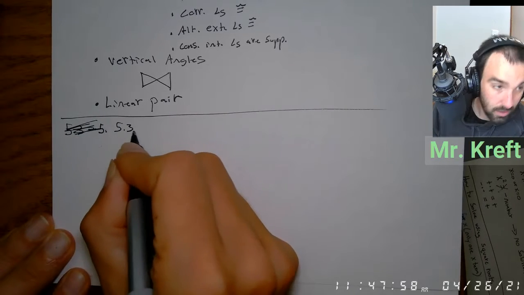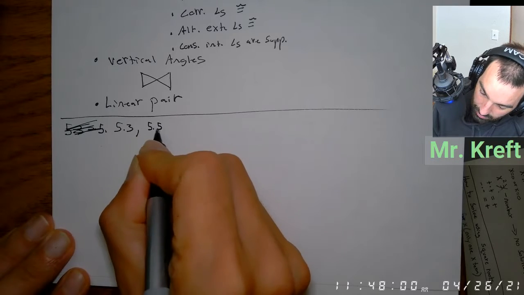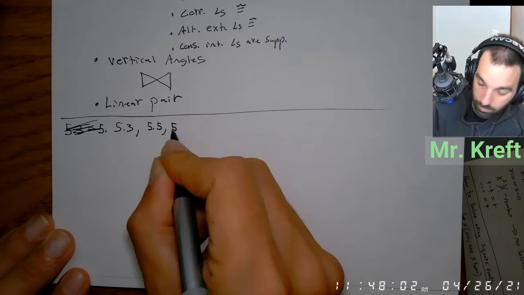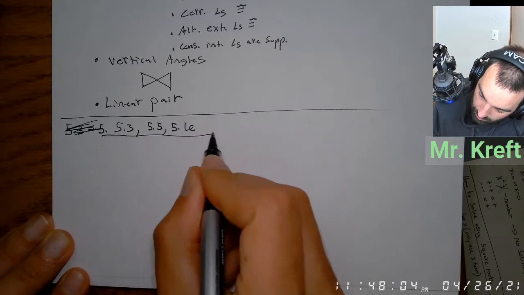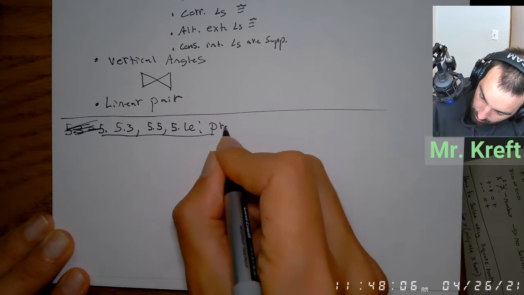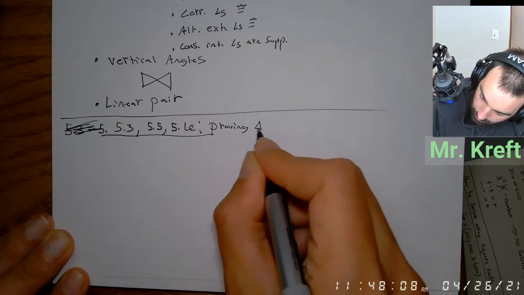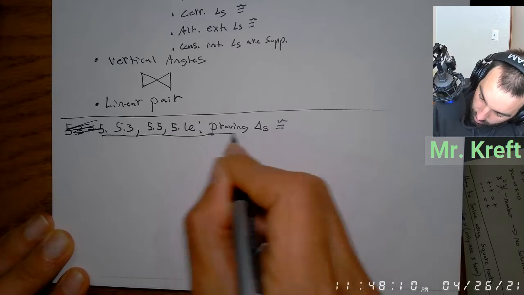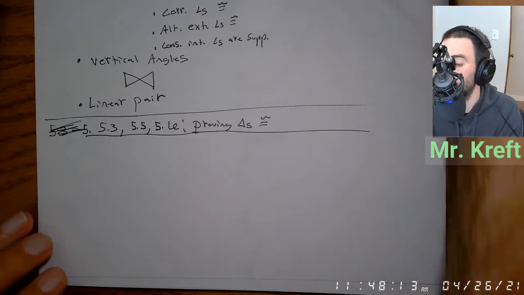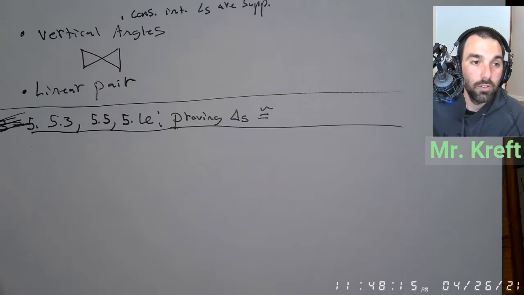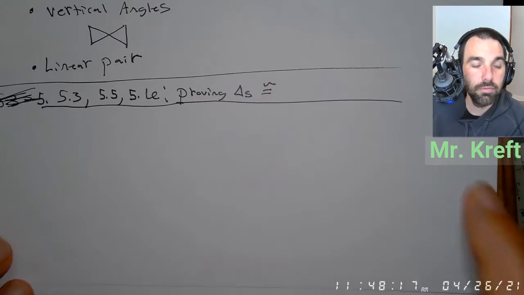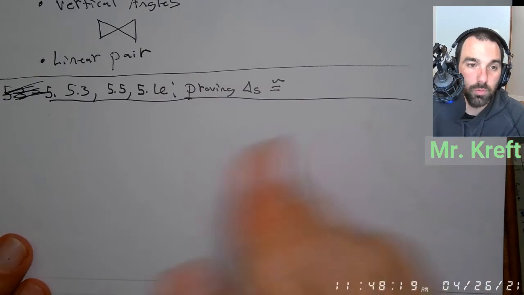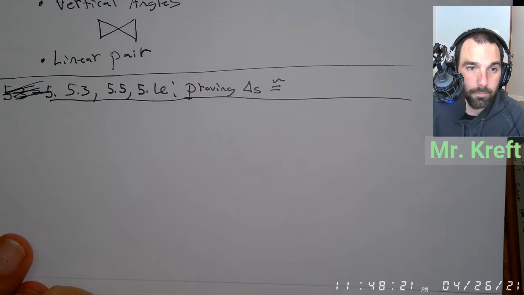It's 5.3, 5.5, and 5.6. Proving triangles congruent. So I'll go back to going slow now. I can zoom in. So 5.3, 5.5, and 5.6. We're going to be proving triangles congruent.